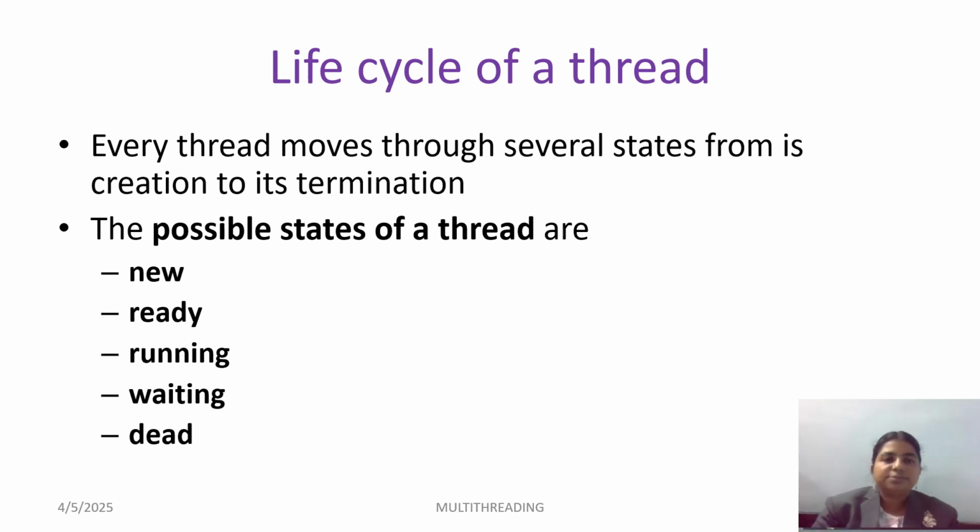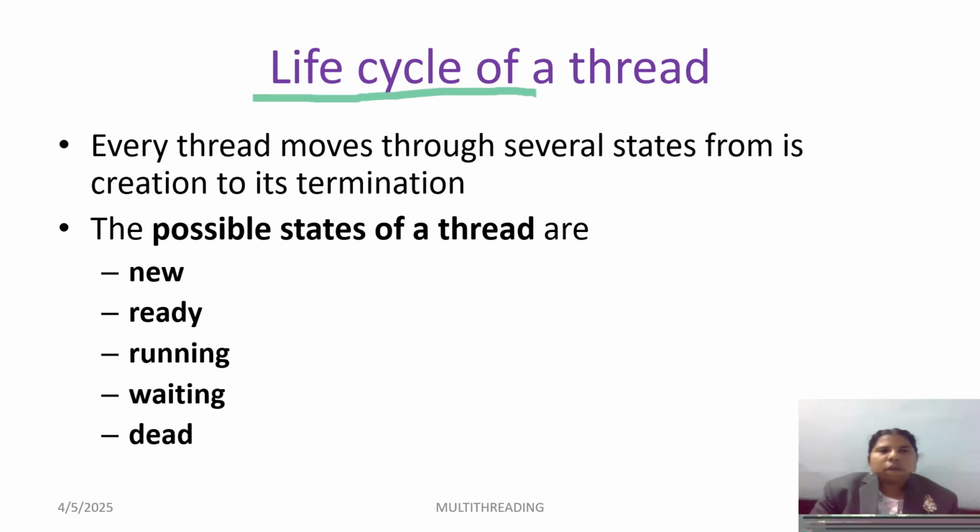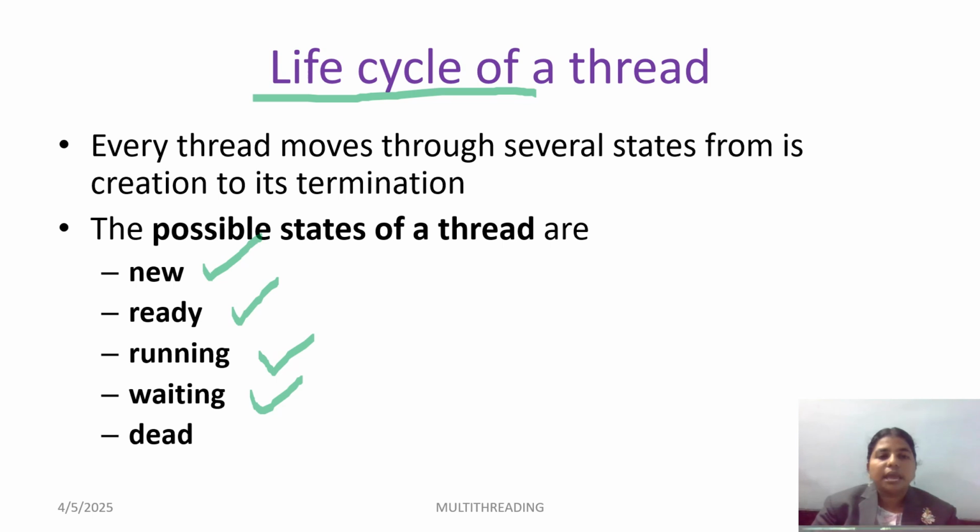Let us now discuss the life cycle of a thread. Every thread moves through several states from its creation till its termination. The possible states of a thread are new state, ready state, running state, waiting state, and dead state.